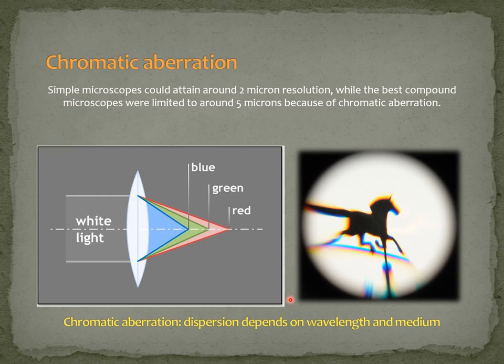Chromatic aberration derives from the refraction of light that we saw a few slides back, and it is the dispersion of the colors that depends on the wavelength of the light ray and of the medium being traversed. Maybe we can see this better on the next slide.